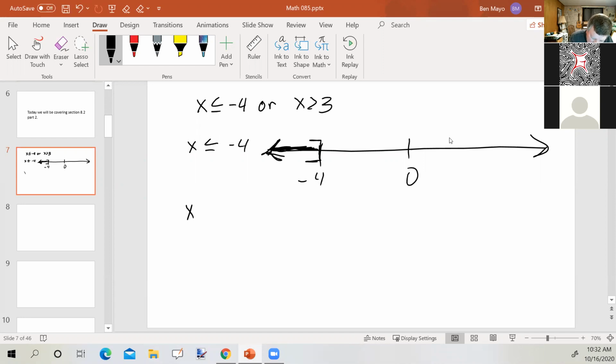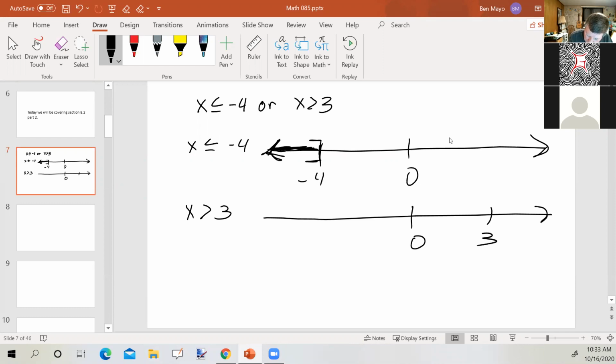Any questions about that? All right. We've got x greater than 3, which looks like that, parentheses at 3 with the arrow going to the right. Now, or, union, means we take all of both of them.